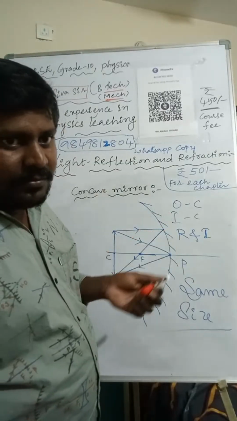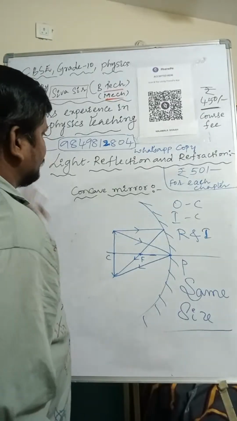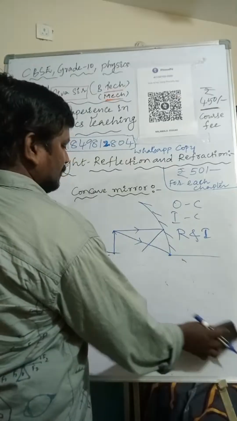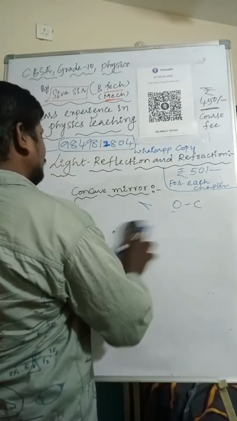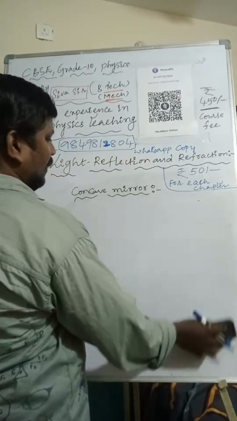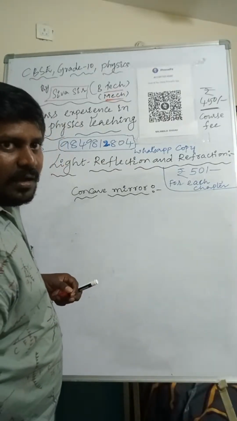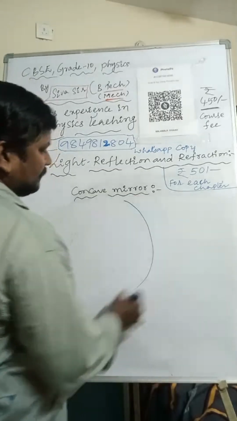Okay, done. So now we're going with the next one. Concave mirror. So completed. Object is placed at C, image will form at C. Next one, I'm considering one more.